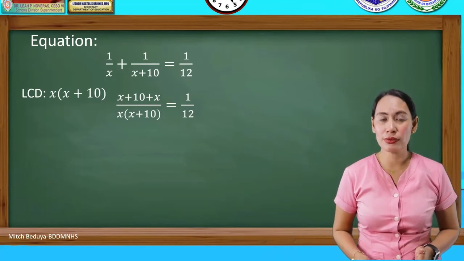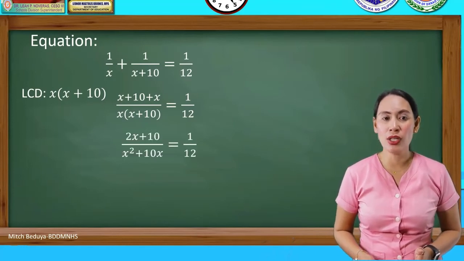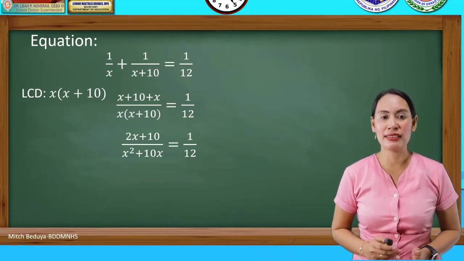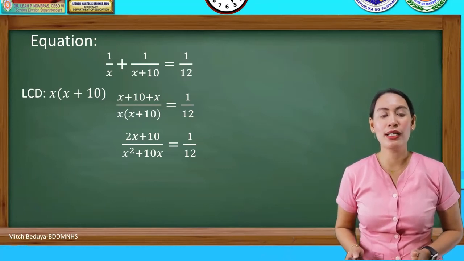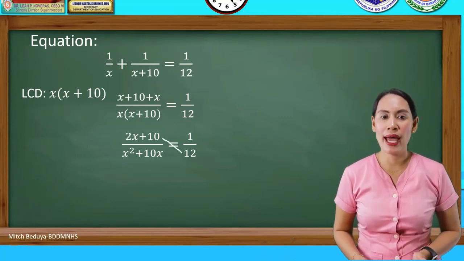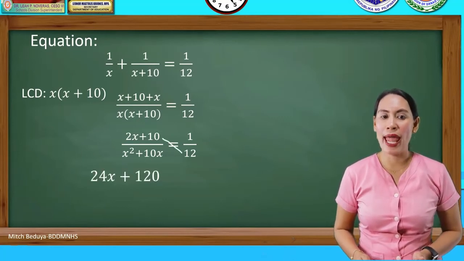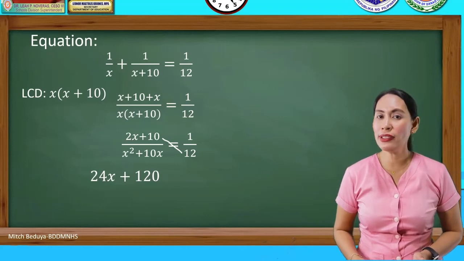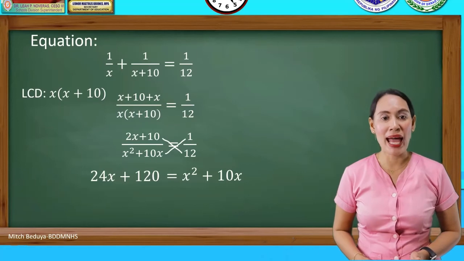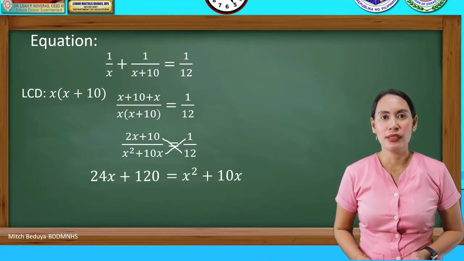Combine like terms: 2x plus 10 over x squared plus 10x equals 1 over 12. By cross multiplication property, we have 24x plus 120 equals x squared plus 10x.